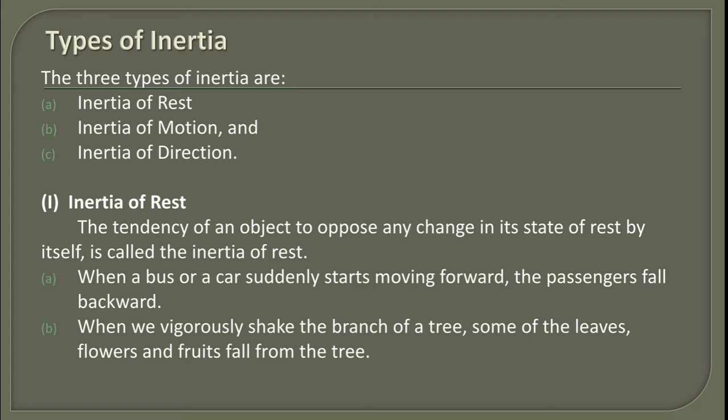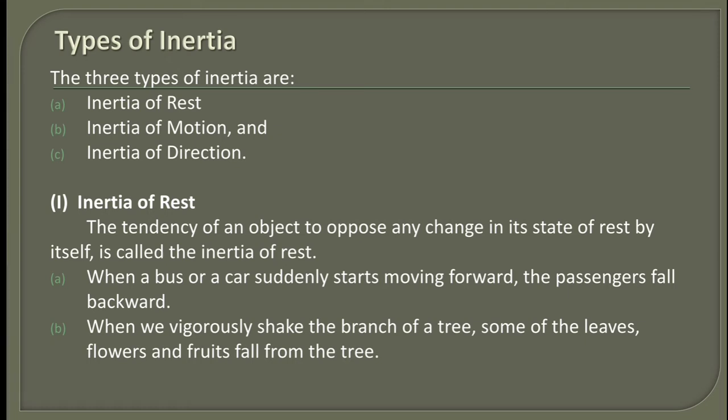But the fruits and flowers tend to maintain their initial state, that is a state of rest, because of inertia of rest. And thus the flowers and fruits detach from the branch and fall down because of gravity. In the same way, some of the leaves may also detach and fall down. So this is also an example of inertia of rest.